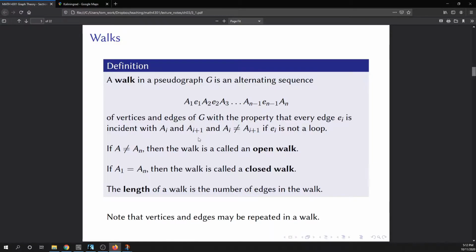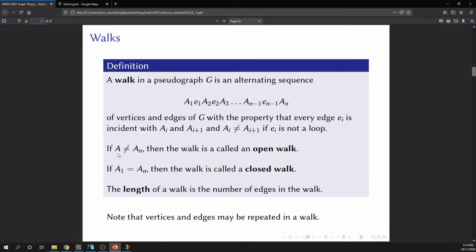So for instance here, edge E1 would have to be incident with vertex A1 and vertex A2 and so on and so forth through the sequence. And the two vertices can't be equal to each other unless the edge is a loop, and then that's okay.